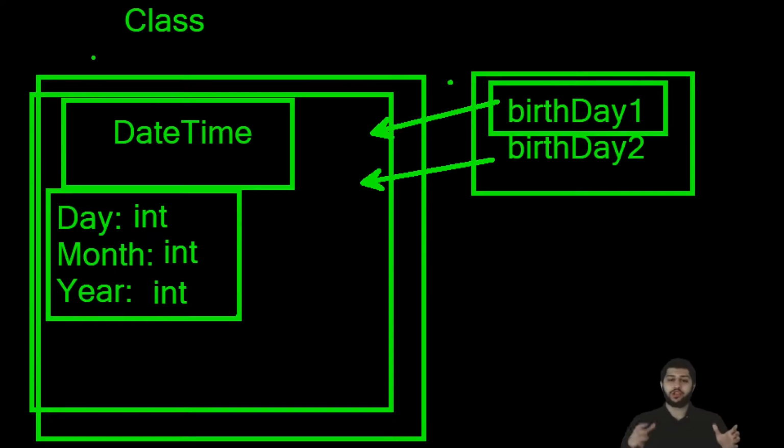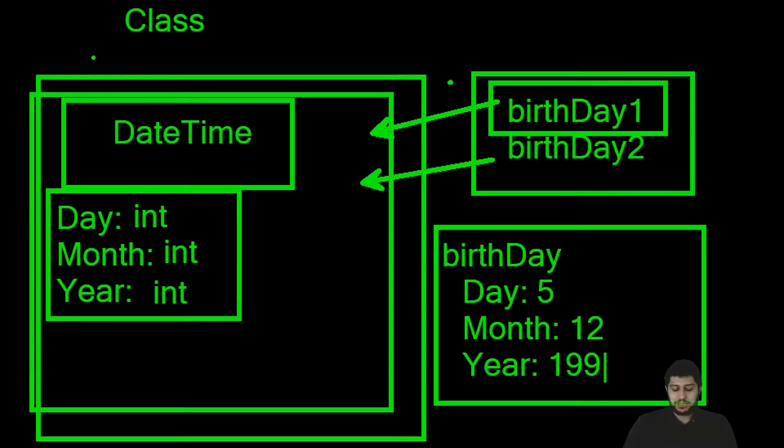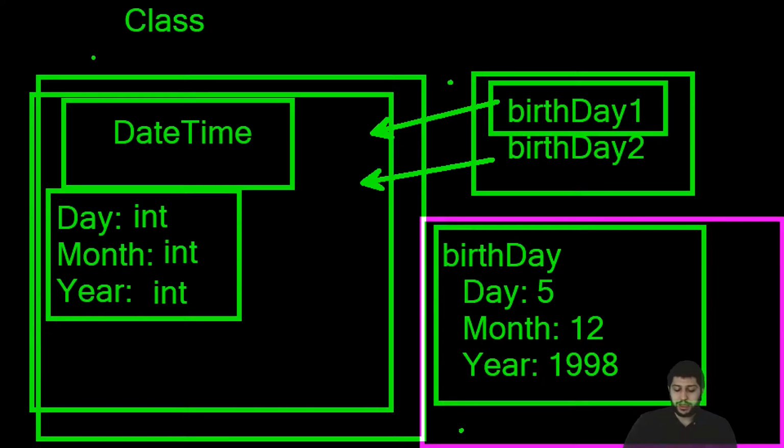The data stored in these objects is no longer abstract. It's a concrete representation of the class. So we can have a birthday that has day of 5, month of 12, meaning 5th of December, and year of 1998.